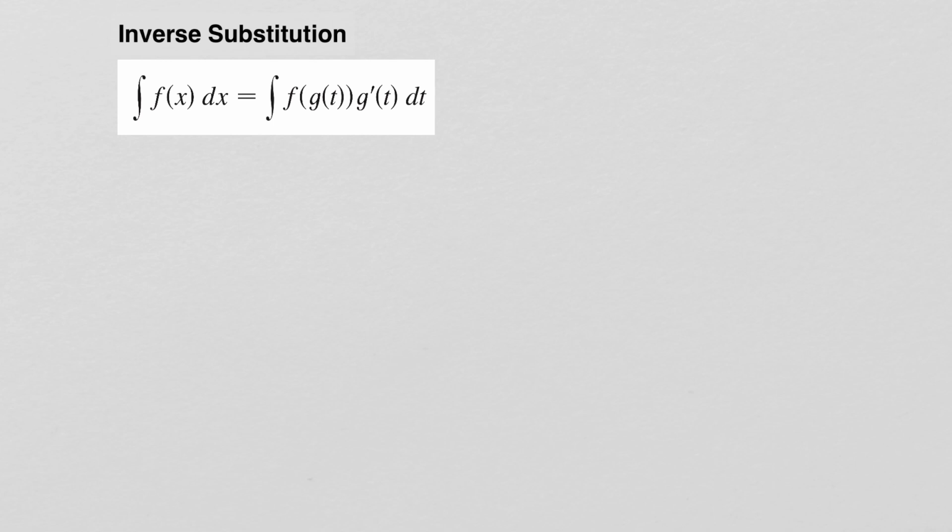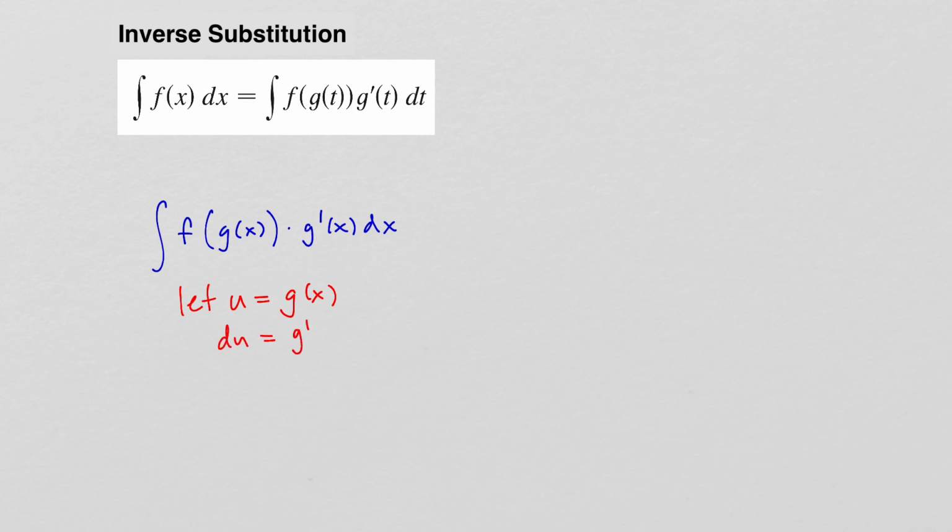So we know from the substitution rule that if you have the integral of f of g of x times g prime of x dx, we know that we can let u be equal to g of x, and then du will be g prime of x times dx.